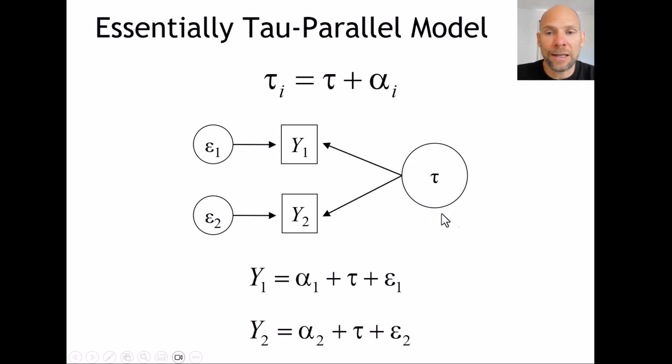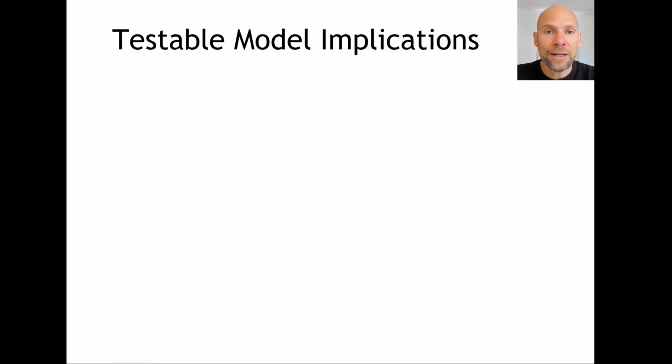If we set the latent mean to 0, which many structural equation modeling programs do by default, then, so to say, the tau mean is fixed to 0 and the intercepts are estimated, and then they simply equal the observed variable means.